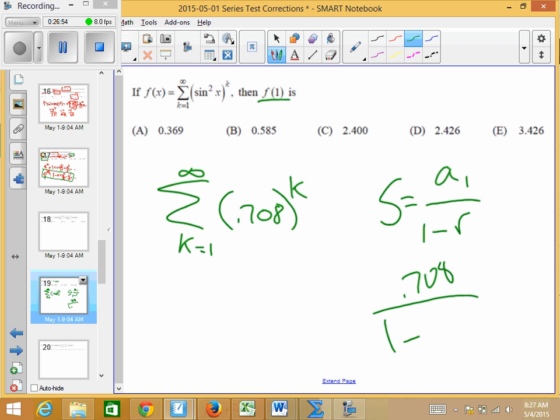In this case, r is also 0.708. And that's about 2.426. Done.